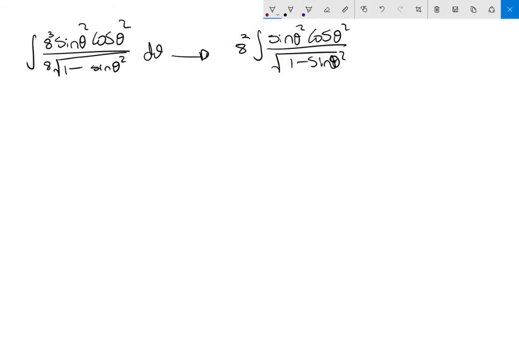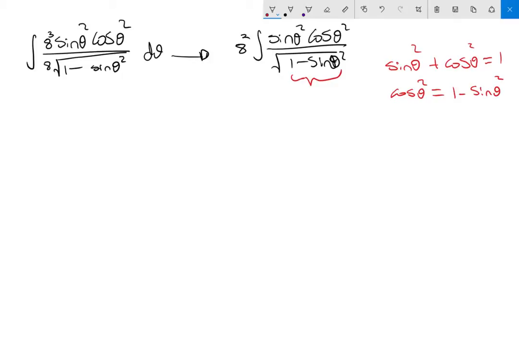Here it looks pretty complicated with 1 minus sine squared, but we can make this simple by this rule. We know that sine theta squared plus cos theta squared is equal to 1, and cos theta squared is equal to 1 minus sine theta squared.